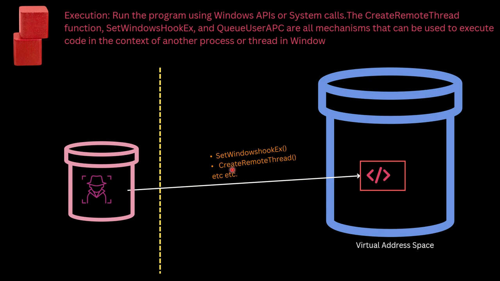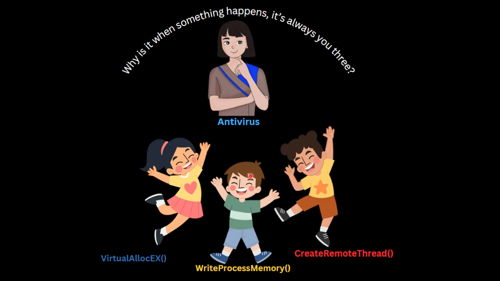So let's directly jump to CreateRemoteThread, which is the most direct way of process injection, the most direct way of getting your code execution. CreateRemoteThread was very simple, very powerful.